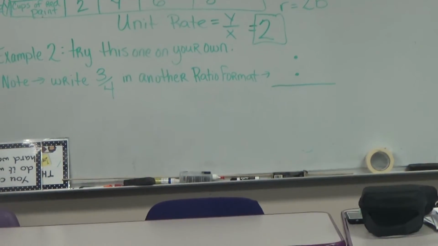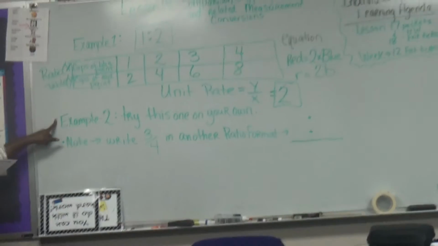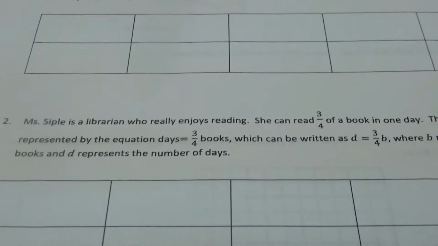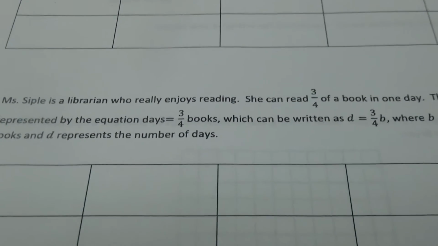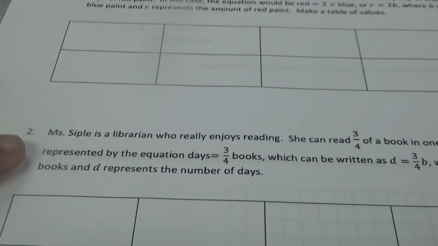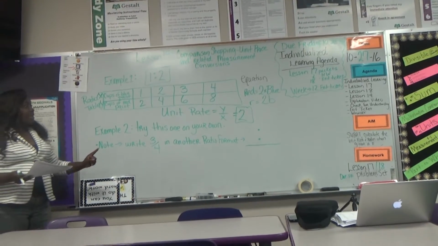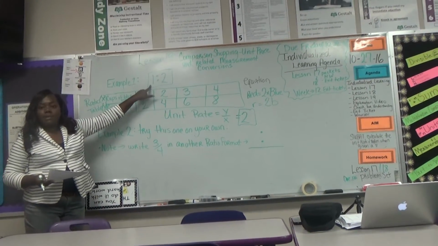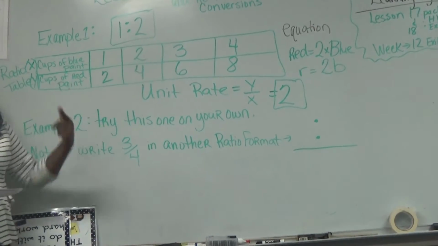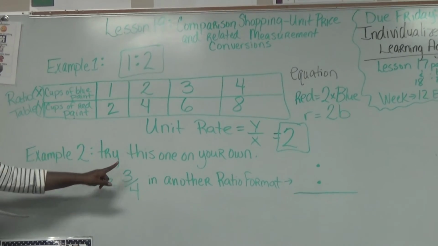Now, what I want you to do is try example 2. If you refer to the student copy, example 2 has another scenario that's really similar to the one we did together. The only thing that's different is that instead of having your ratio already written out like 1 to 2, they give it to you as a fraction. So you're going to try this one on your own.